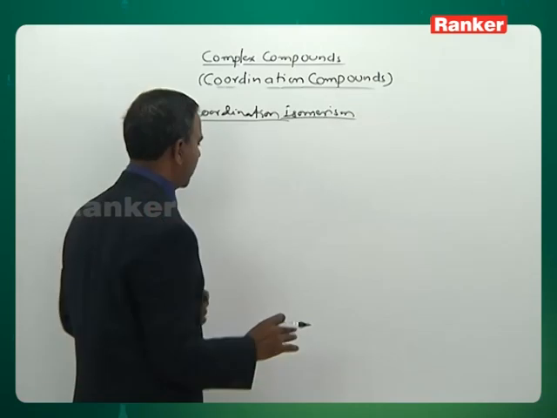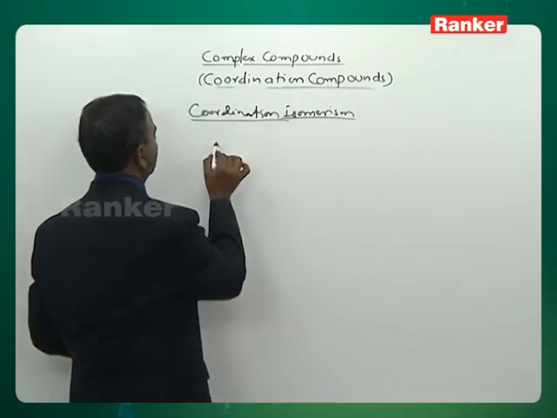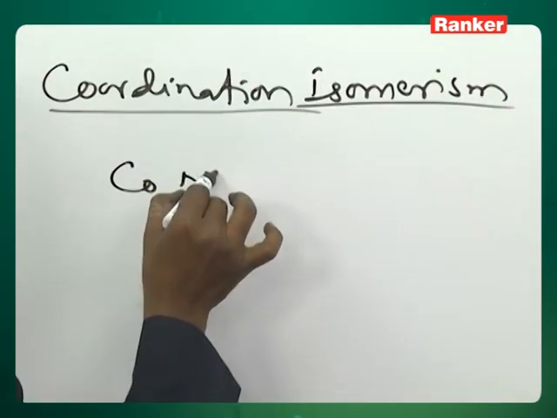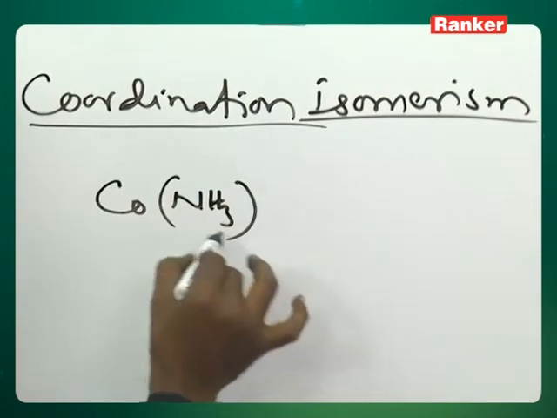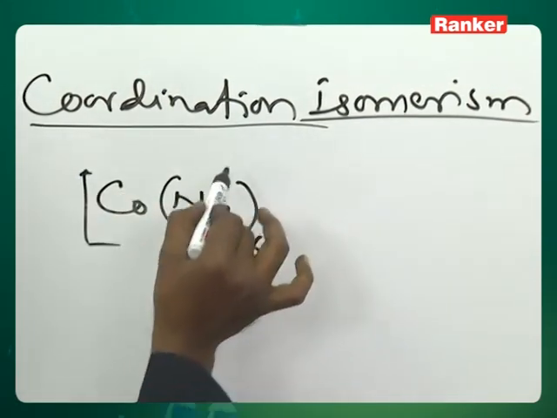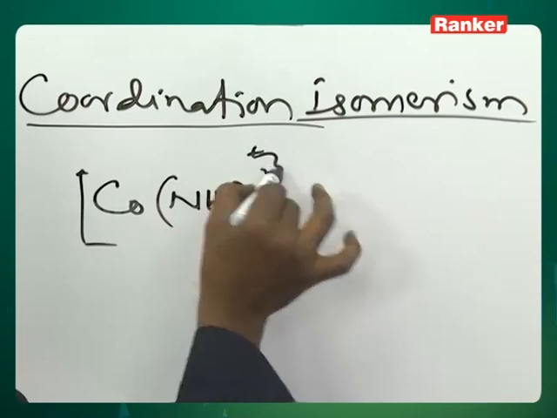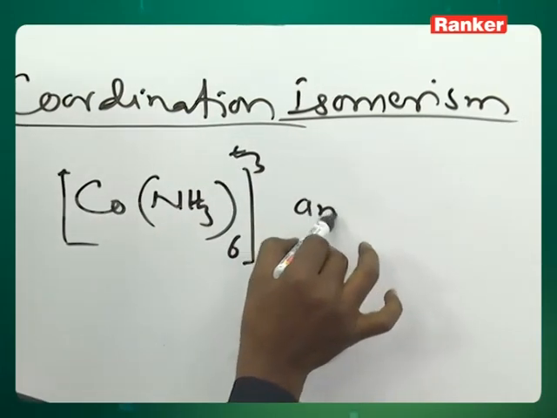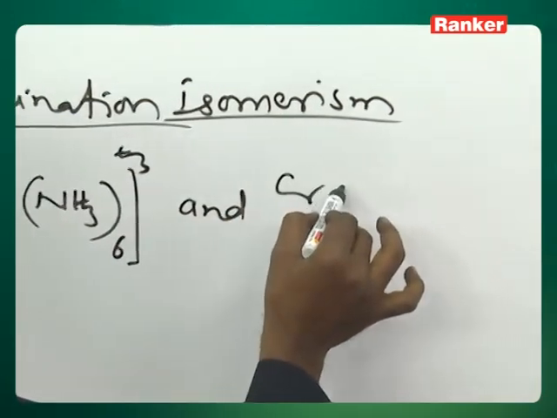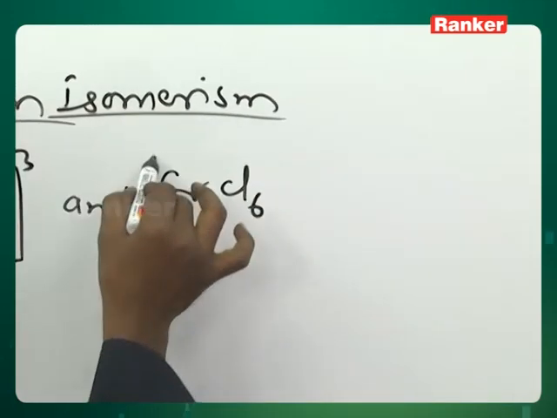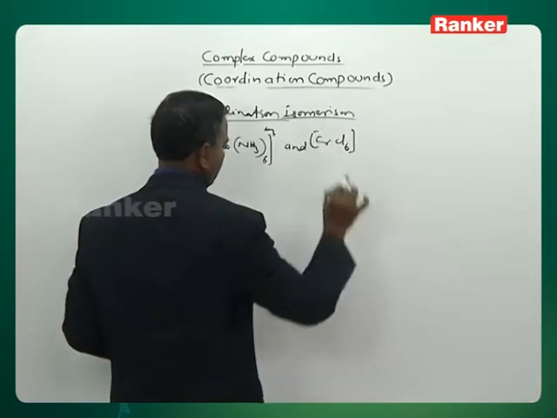Let us see how we write these 2 coordinate spheres. Look: Co, NH3 taken 6, plus 3, and Cr, Cl taken 6, minus 3.